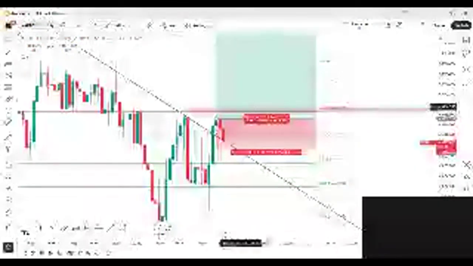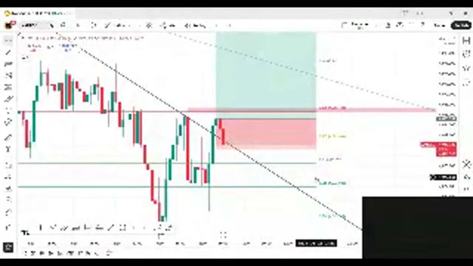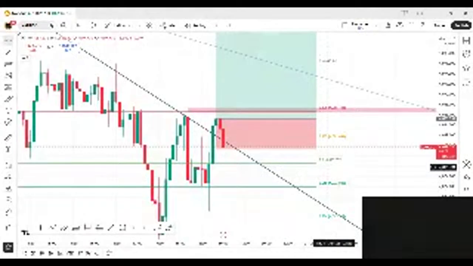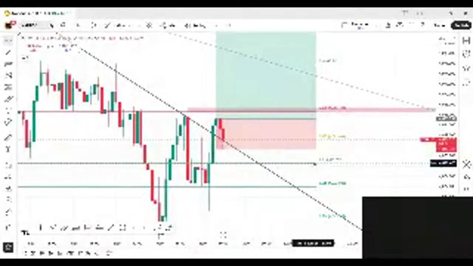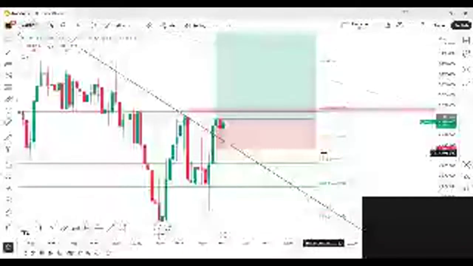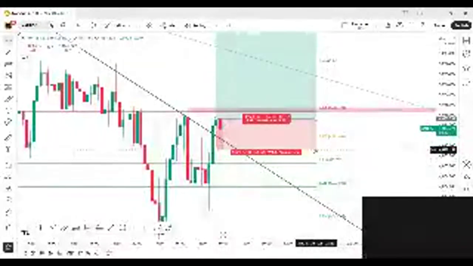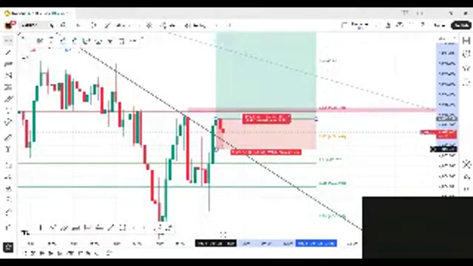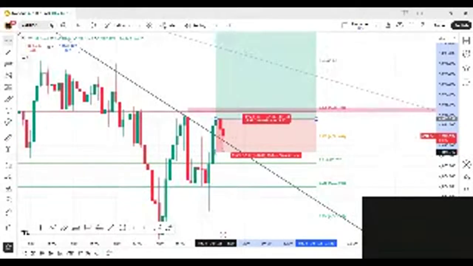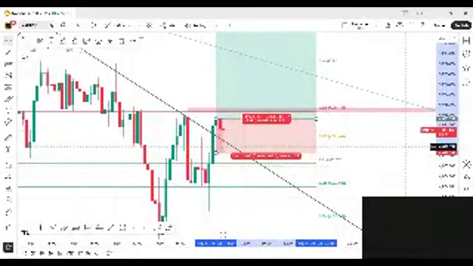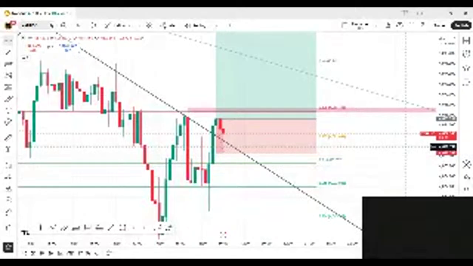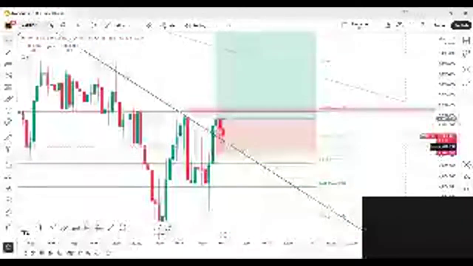As you guys can see here, we are still in the trade. The market gives us a low of 4078.50, and we are still in that trade, guys, so don't panic, don't worry.